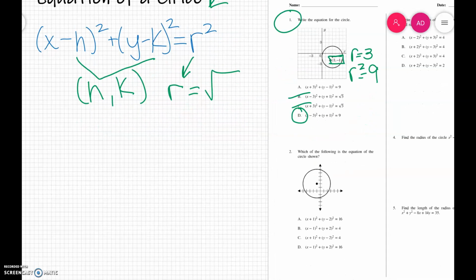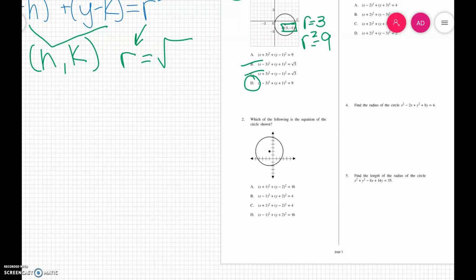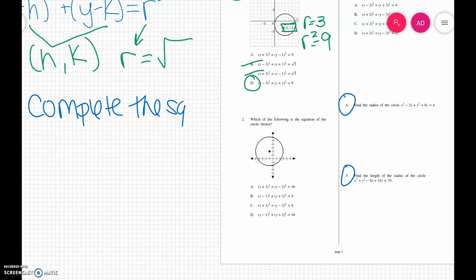If you look at number 4 and 5, they are in what we call standard form. So we are going to have to complete the square in order to put it in the correct form with our parentheses.